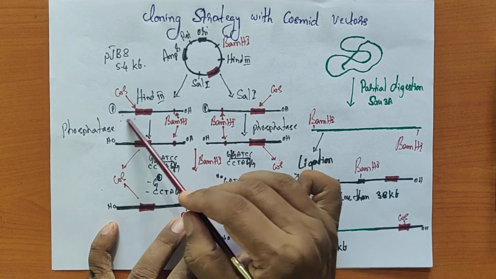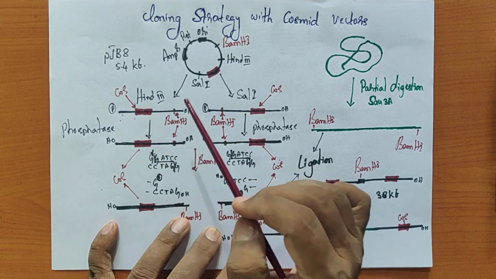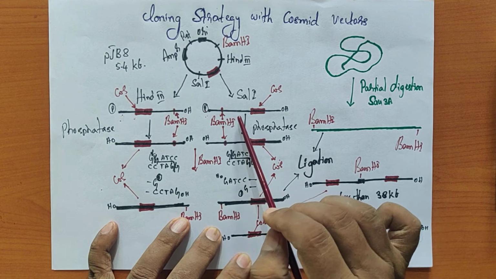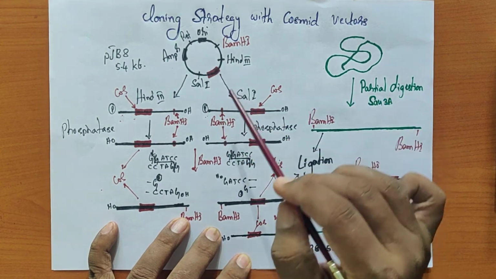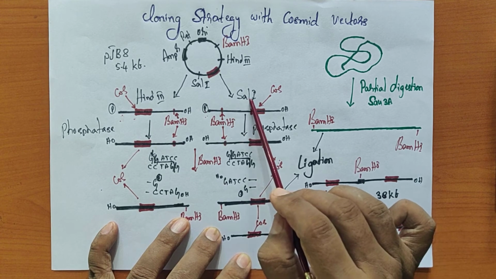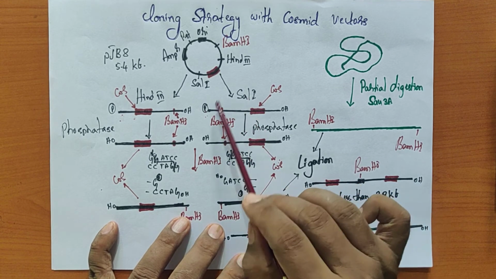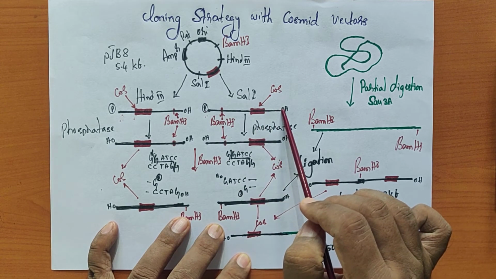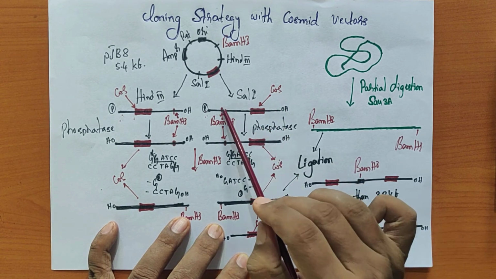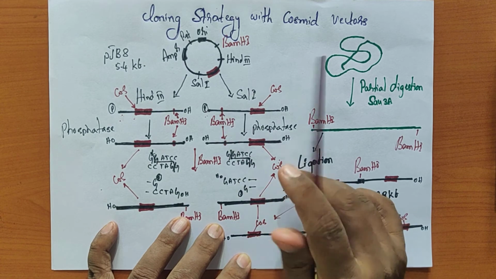So this is in one reaction. Again we set up a second reaction separately. You take the plasmid and digest it with SalI enzyme. Again that results in the linearization of the cosmid vector. So now here is a cos site and here is going to be the BamHI site.